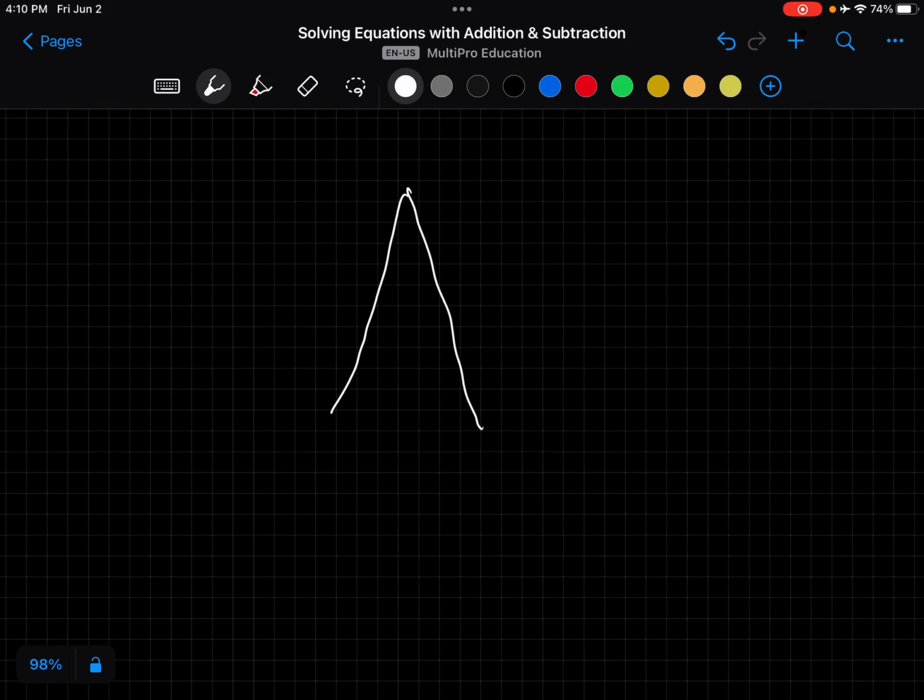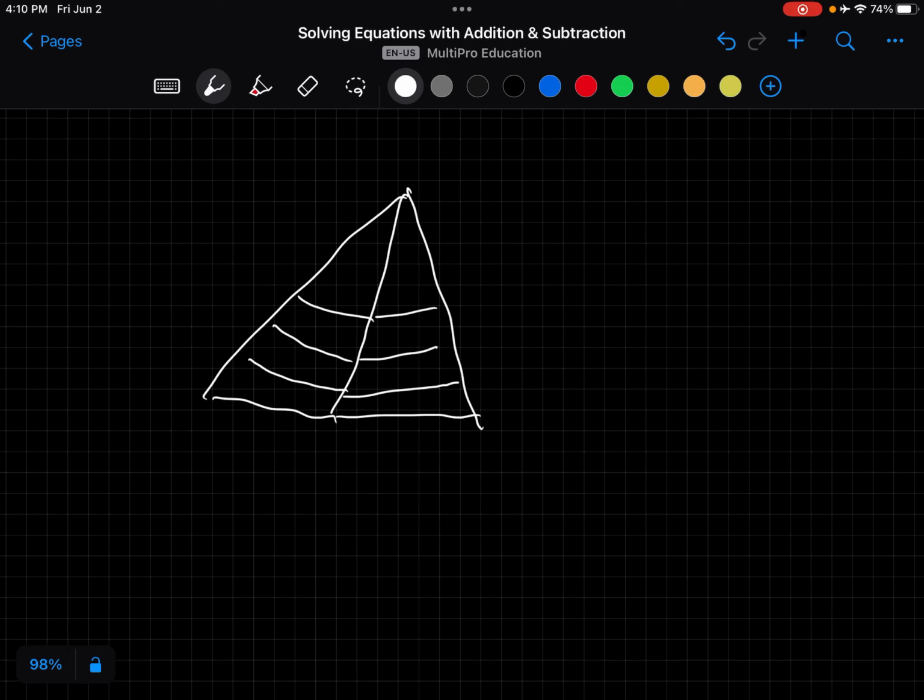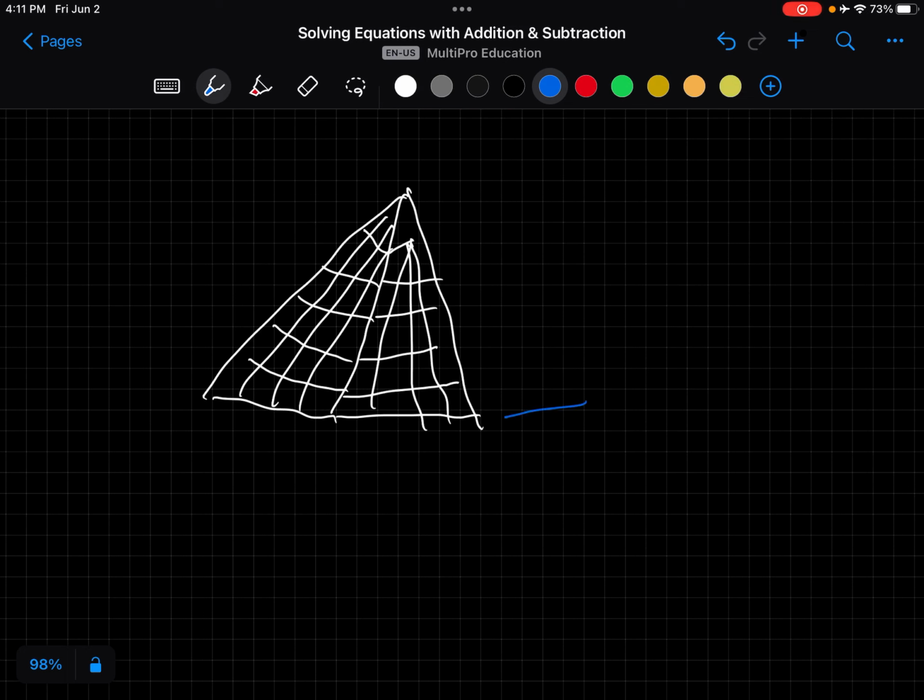Alright, so here's my art skills again. Oh, that looks like a spider web. So let's imagine that it is a great pyramid.